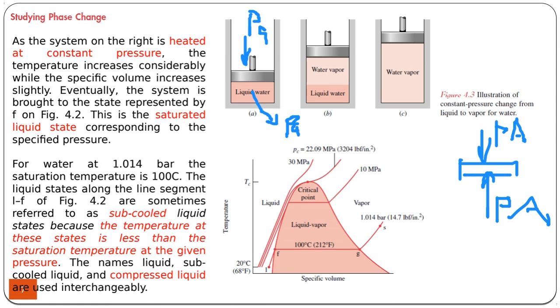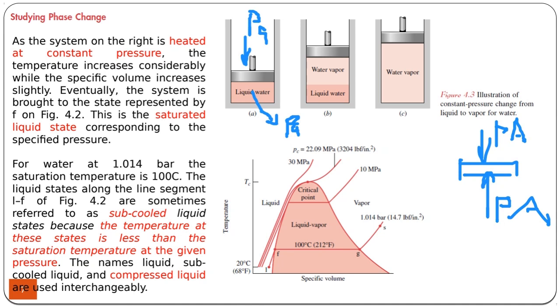We assume that the piston does not have any weight. In this case, the top force and the bottom force must be equal, meaning that the pressure outside must be equal to pressure inside. So we have liquid water at a temperature below the saturation temperature first.